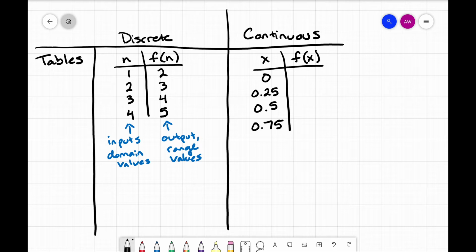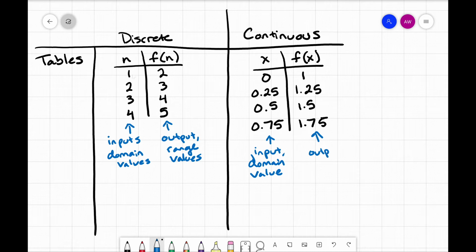There's no difference. We still have the input, or the domain value, and we have our output, or the range value. But notice, we can have decimals on a continuous function.